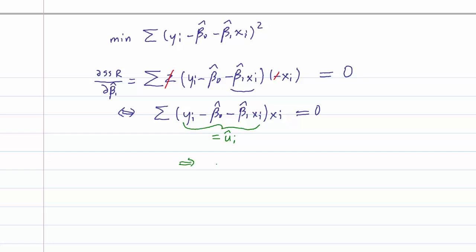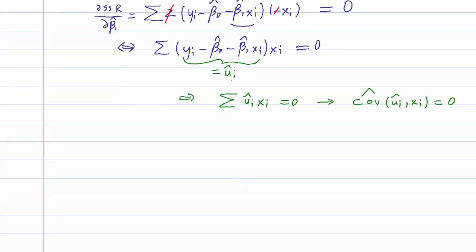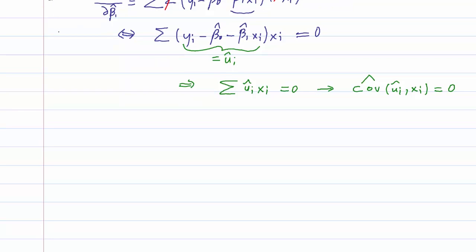So this implies that the sum of ui hat times xi equals 0. And we'll see later that this implies that the sample covariance between ui hat and xi is 0.